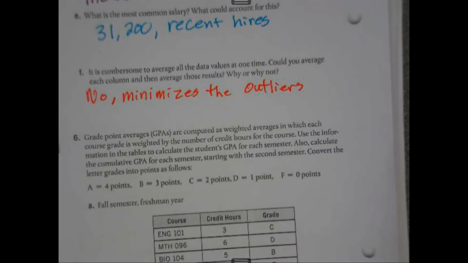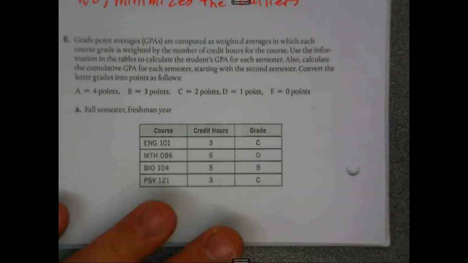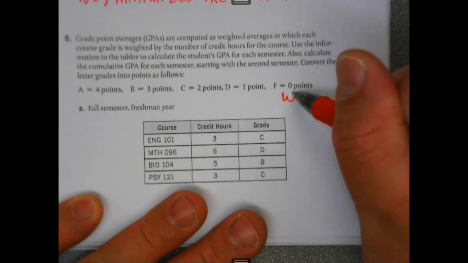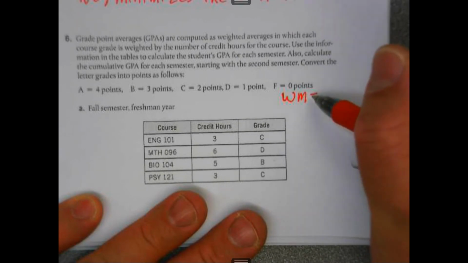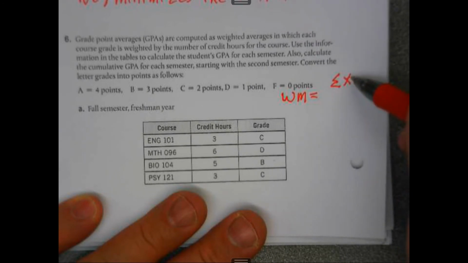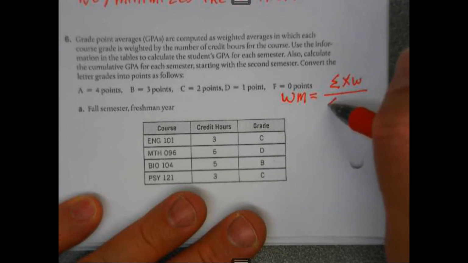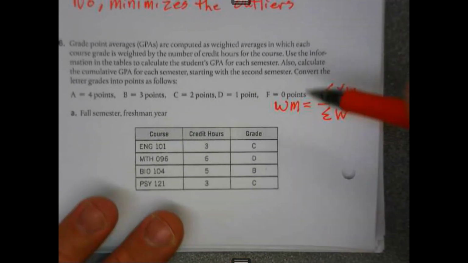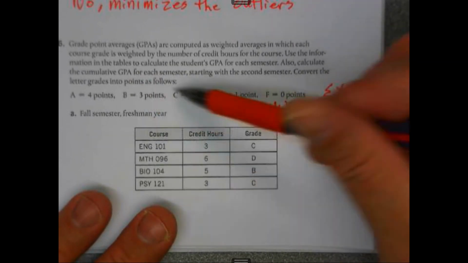Now remember the formula for weighted averages. Weighted averages are weighted means. It's the summation of your x values times the weight, divided by the summation of the weight. Okay, so the grades we have to replace with numbers.